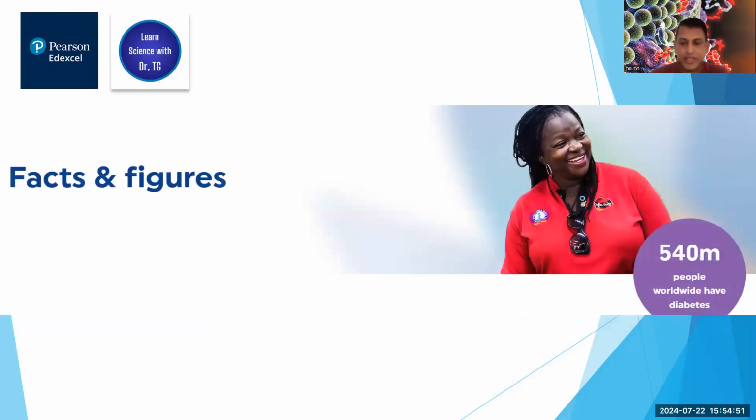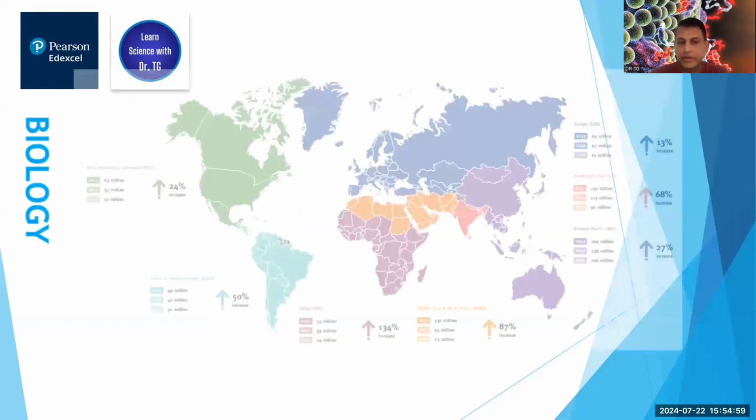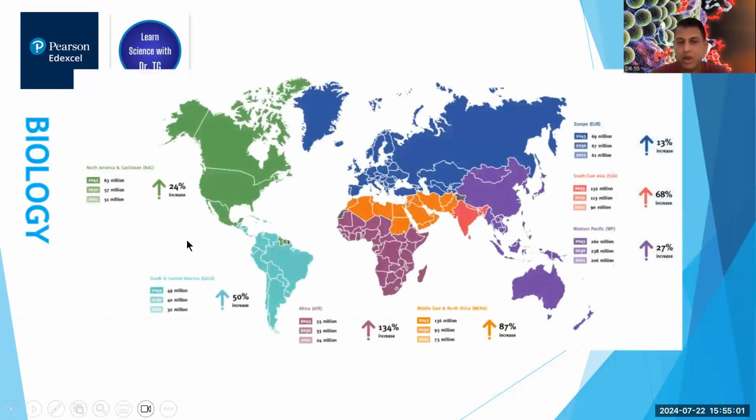Some of the things about type 2 diabetes: 540 million people in the world are affected with diabetes. And the alarming thing is, all over the world, the diabetes population is increasing. Here in Africa, a 134% increase in the coming years, 50% in South America, and even Asia, the Middle East, these countries, it's going up at a higher rate.